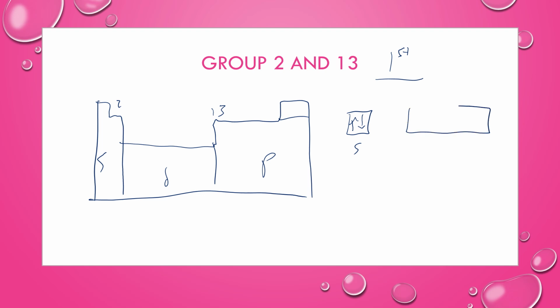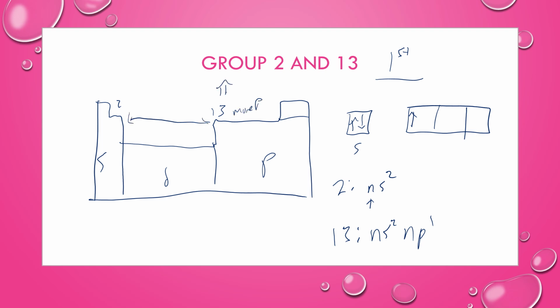If you have an element in group 2, its outermost valence electron configuration will just be ns2, where n is the principal energy level, the outermost energy level for the atom. If the element is in group 13, the valence electron configuration will be ns2 np1. The weird part about this is you would expect the group 13 element to have a larger first ionization energy because it has more protons than the same period group 2 element.